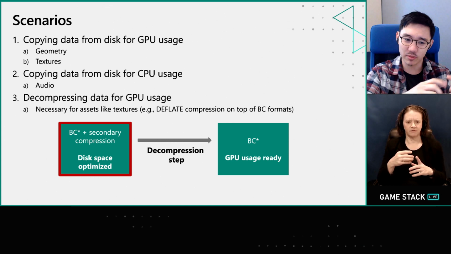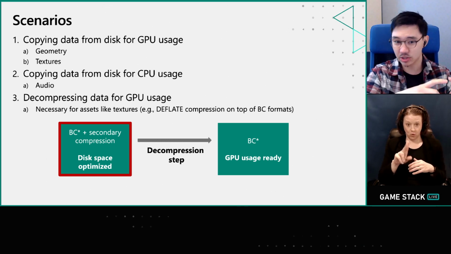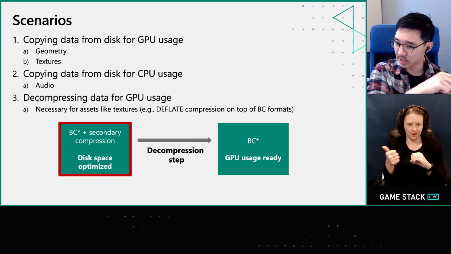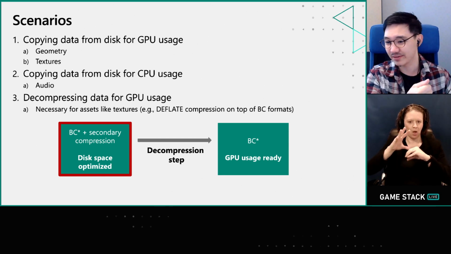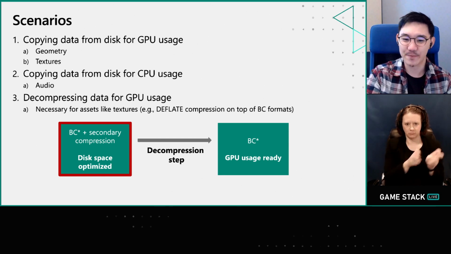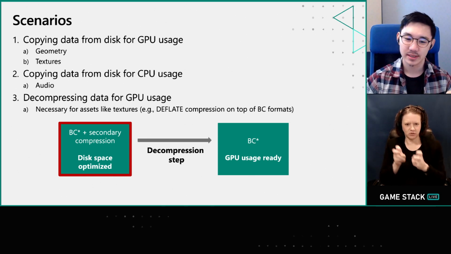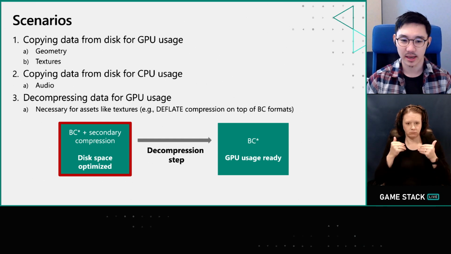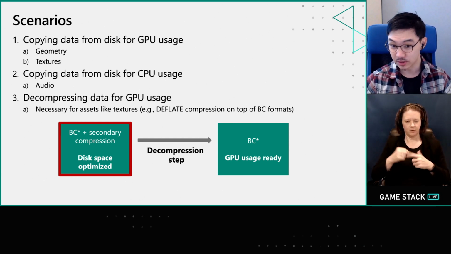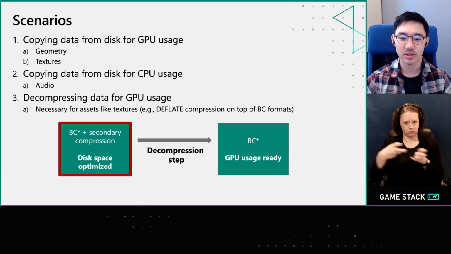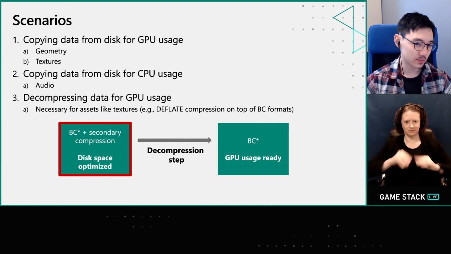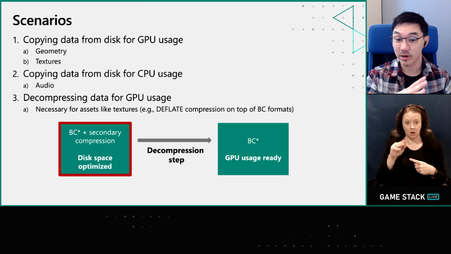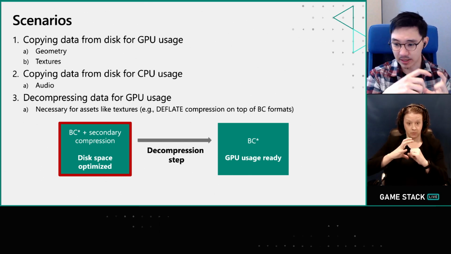So you essentially have a BC format texture wrapped by another compression to make it disk space optimized. It's small so that the user doesn't have to install, say, a 500 gigabyte game. And then it's decompressed at runtime to become GPU usage ready, at which point the GPU can use it to render the scene, et cetera. And so for future reference in this presentation, when we talk about decompression, we're talking about that outer layer of compression, not the inner BC compression.